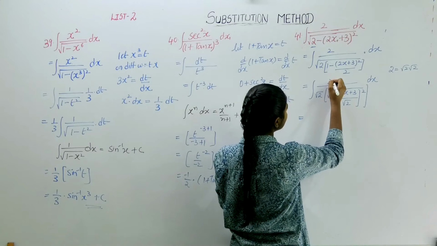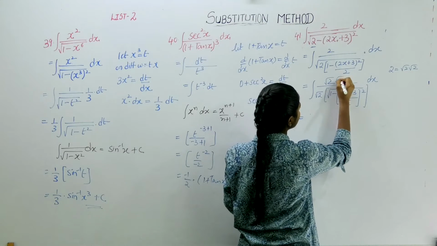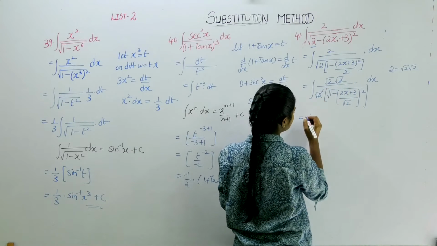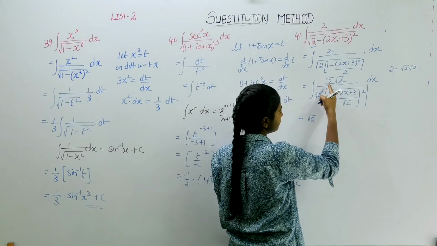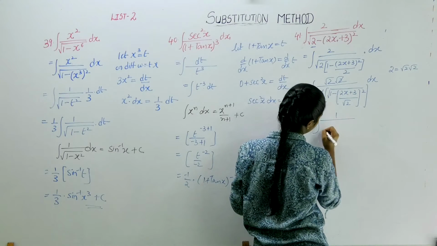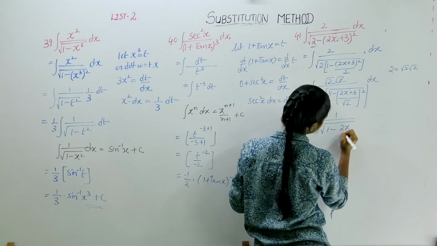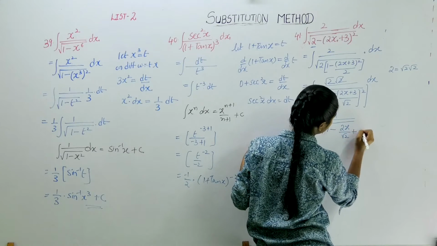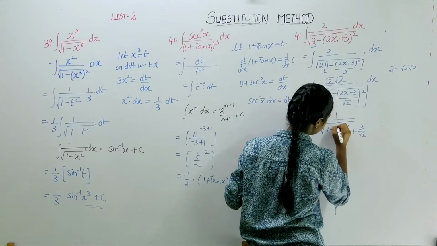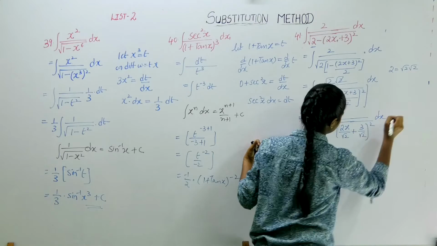Now 2 and root 2. I can write this 2 as root 2 into root 2. This root 2 gets cancelled and root 2 is constant, take it out of the integration. We have integral 1 by square root of 1 minus (2x by root 2 plus 3 by root 2) whole square dx.